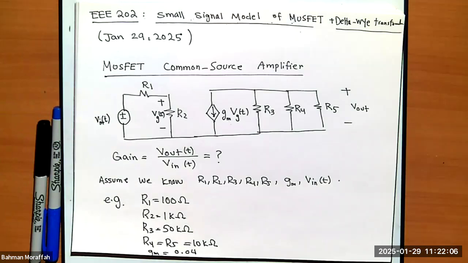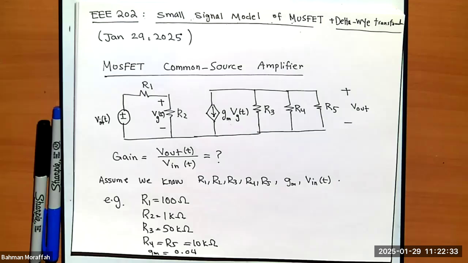What is the first thing we notice in this circuit? The very, very first thing that we notice is that R3, R4, and R5 are in parallel, right? Why are they in parallel? They have the same head and tail, right?